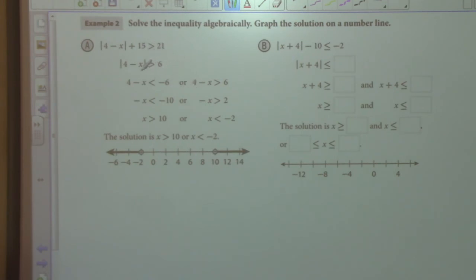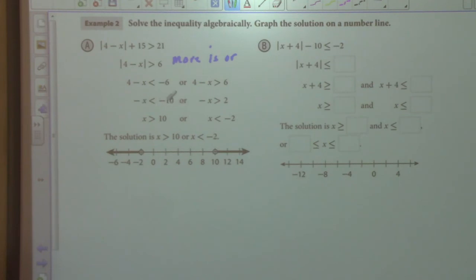And then this is going to be or. When you have a greater than, I like to call this more is or. That means you're going to have 2 separate things, one for less than, one for greater than. This is going to be less than -6, but greater than 6. Do you see that?